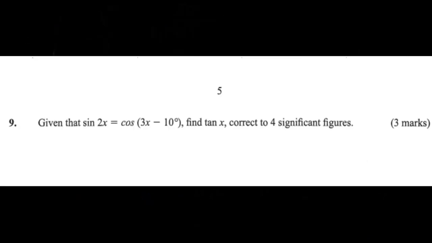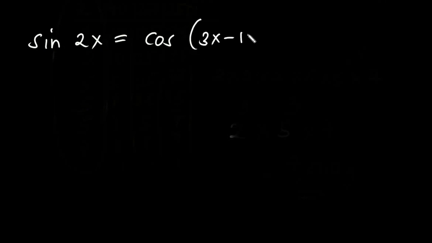Question number 9 states that given that sine 2x is equal to the cosine of 3x minus 10, find tan x correct to 4 significant figures. So we are given that sine 2x is equal to the cosine of 3x minus 10.